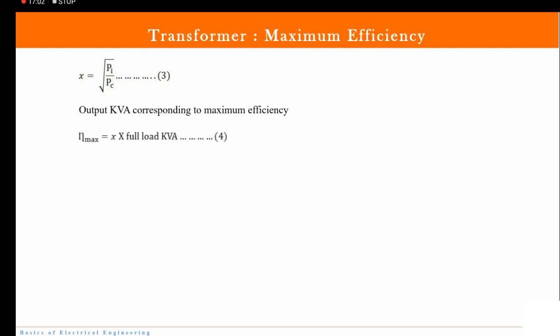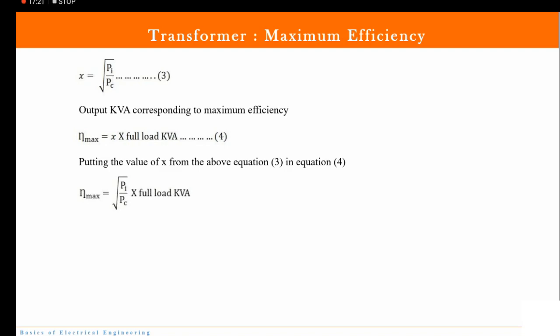Similarly, we get the maximum efficiency as this. So we will put the value of X from equation 3 into equation 4. So here we get the maximum efficiency, which is square root of Pi upon PC into full load kVA.